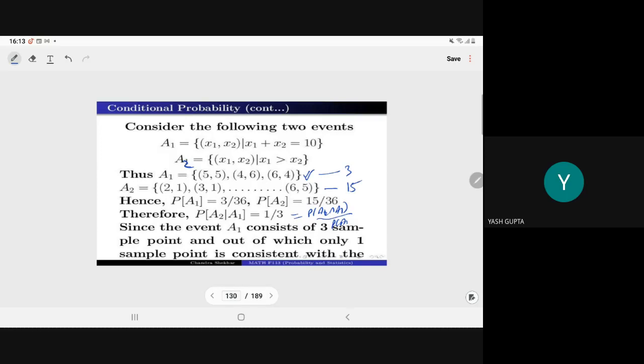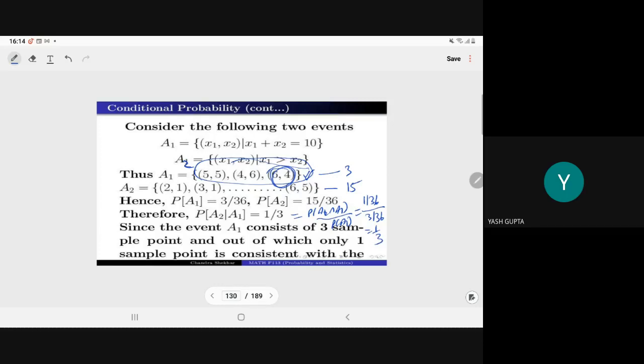P of A2 intersection A1 means how many sample points we have where x1 is greater than x2. So only we have 6 comma 4, only one. So it will become 1 upon 36 divided by P of A1. P of A1 means 3 upon 36. So ultimately its value will come to 1 by 3.